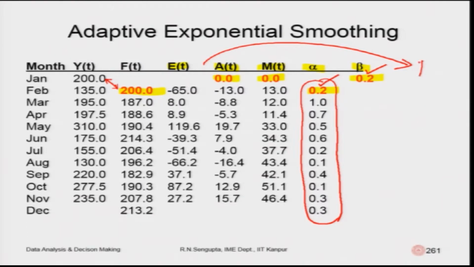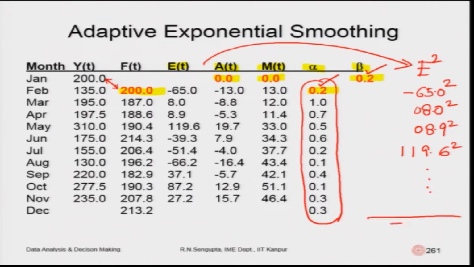So, basically you will find out E square corresponding to the fact that you are taking alpha and beta as 20, and you will basically find out this value minus 65.0 whole square, then 0.8 whole square, then 8.9 whole square, then 119.6 whole square. Continue adding, find out the sum. So, you note it down.